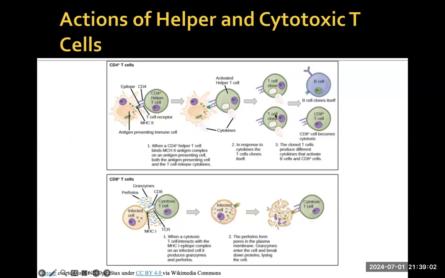And they're going to then produce different cytokines that are going to activate the B cells, like here, that are going to bind to CD8 receptors and become cytotoxic T cells. Those cytotoxic T cells then have the ability to kill the foreign object, just like this.